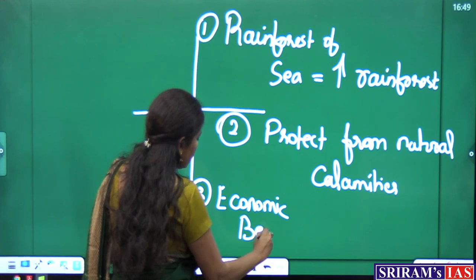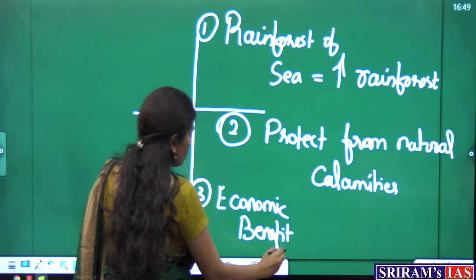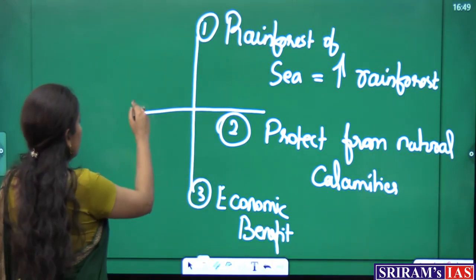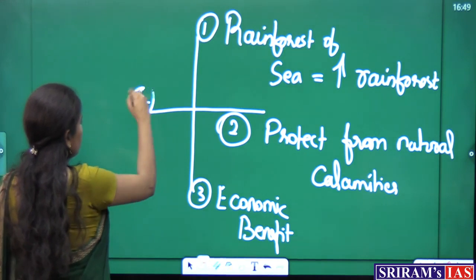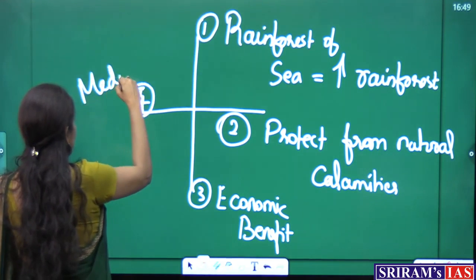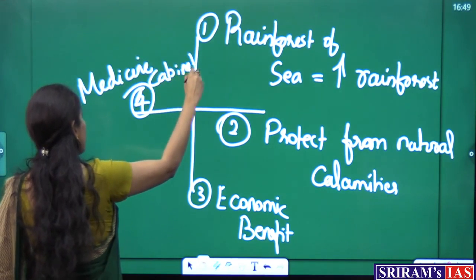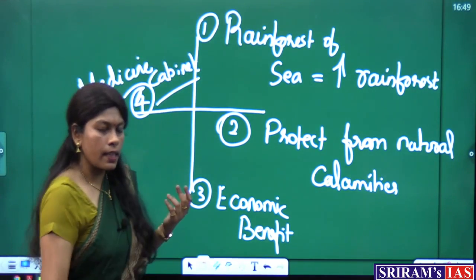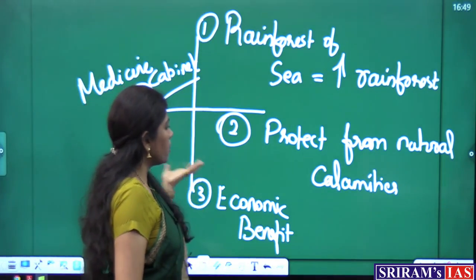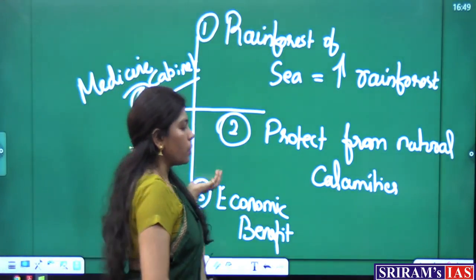Like tourism activities, fishing and all. Then fourth, it acts as a medicine cabinet. Okay. So, a lot of medicines are obtained from here for diseases like cancers and all. So, these are some of the benefits we can reap from coral.